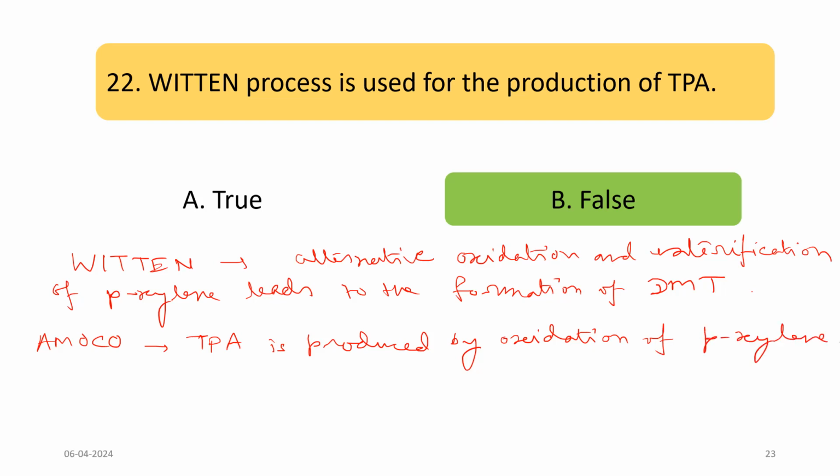Because I have earlier said that if we oxidize p-xylene, it will produce p-toluic acid, and further it will not oxidize, or it will oxidize at a very slow rate, which will not reach the point of the formation of terephthalic acid. But in the Amoco process, what is the difference we make? Here we include extremely reactive materials such as bromine atoms in the form of sodium bromide with acetic acid and oxygen.